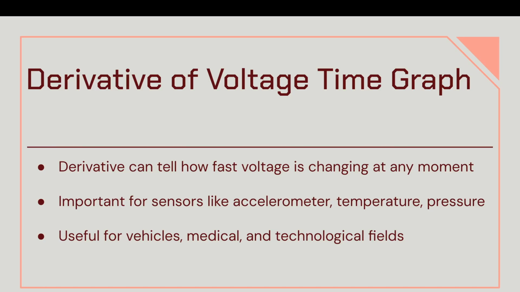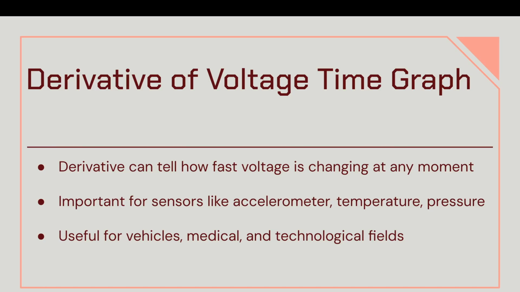For example, imagine a voltage graph from an accelerometer in a car. By looking at the derivative, we can see exactly when the car is accelerating or decelerating rapidly. This information is critical for safety features, medical monitoring, or even modern technology like smartphones.